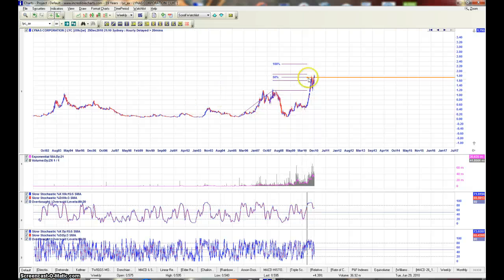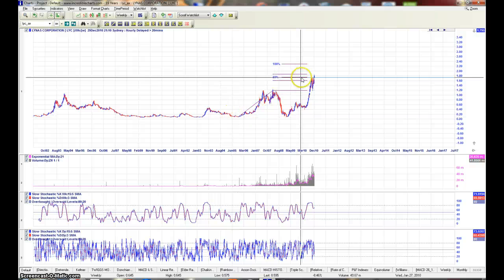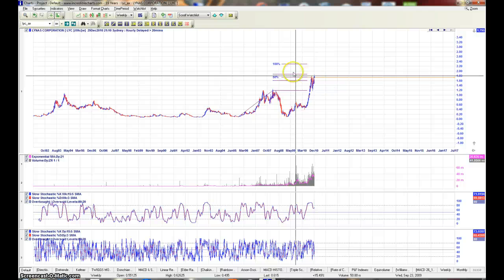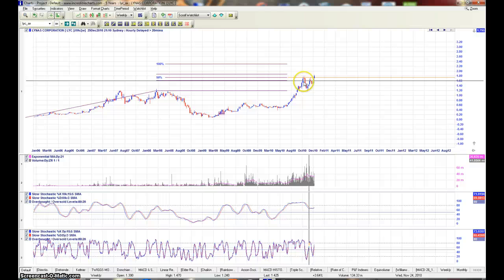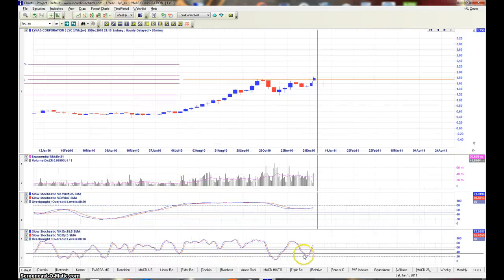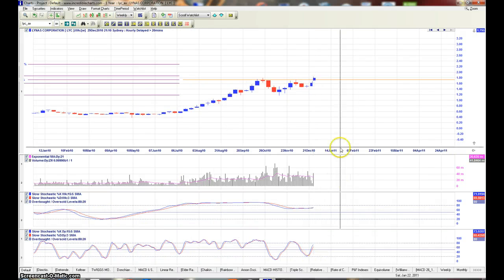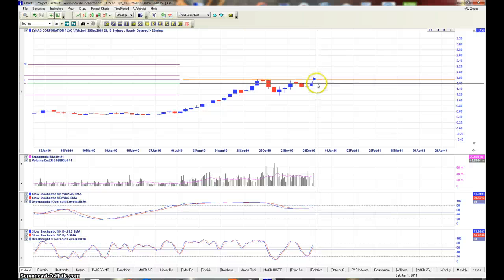I've just drawn the fibs there, so you can see now that it's busted the 50% fib mark there, and I'll zoom in on that. And the stochastics are showing good signs going up, and yeah, so I'd see where it is now as a decent entry point. That's it for me.